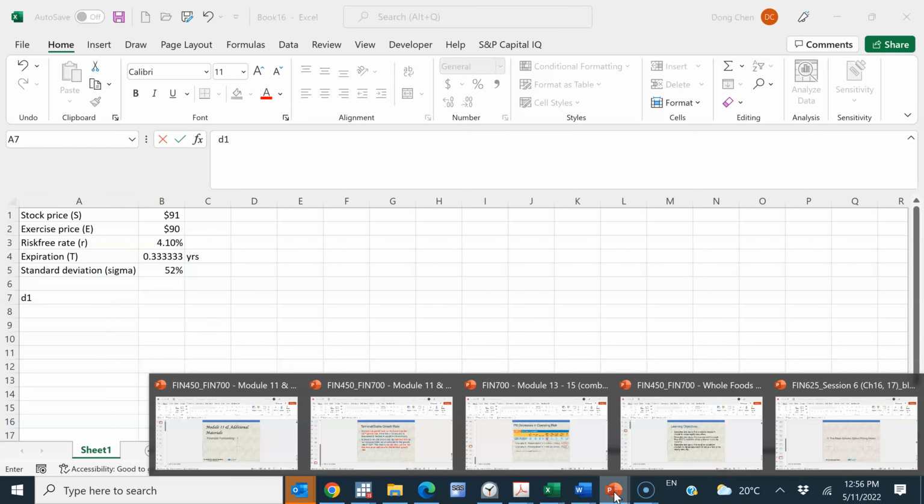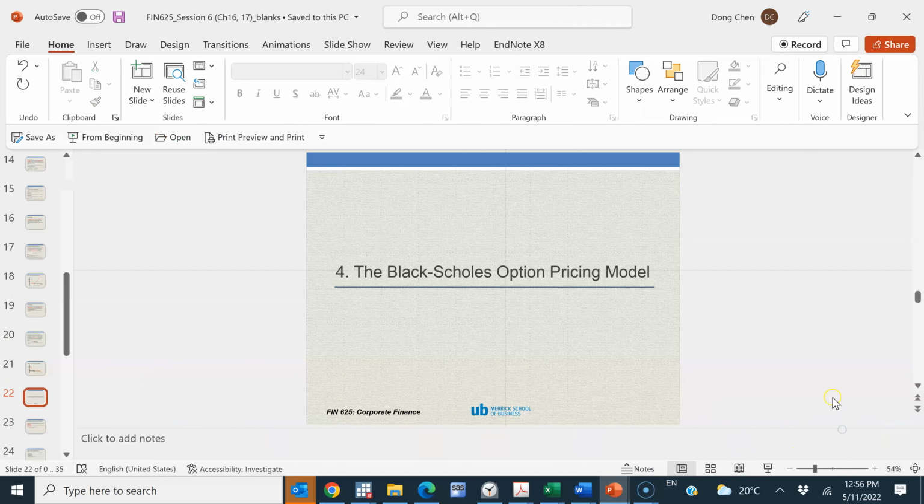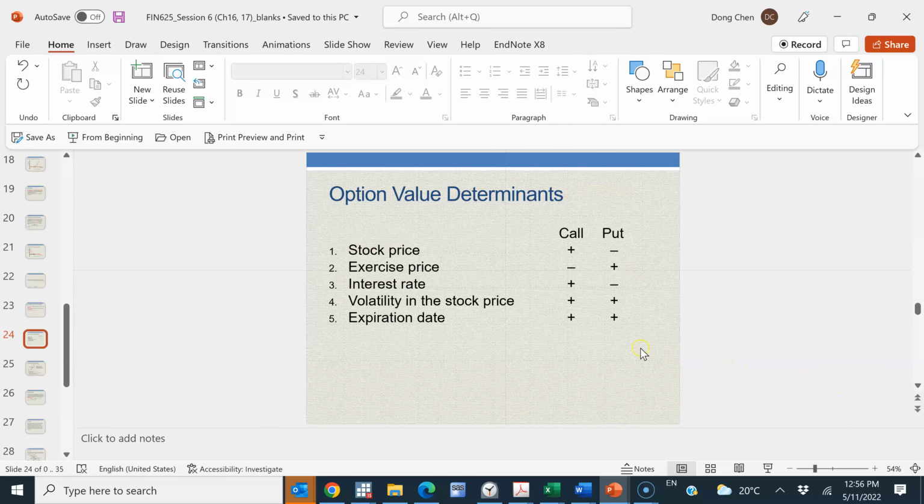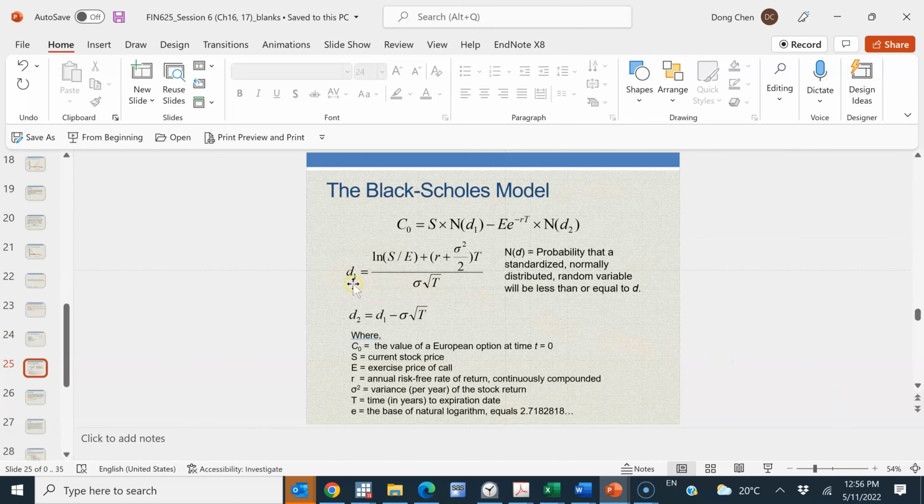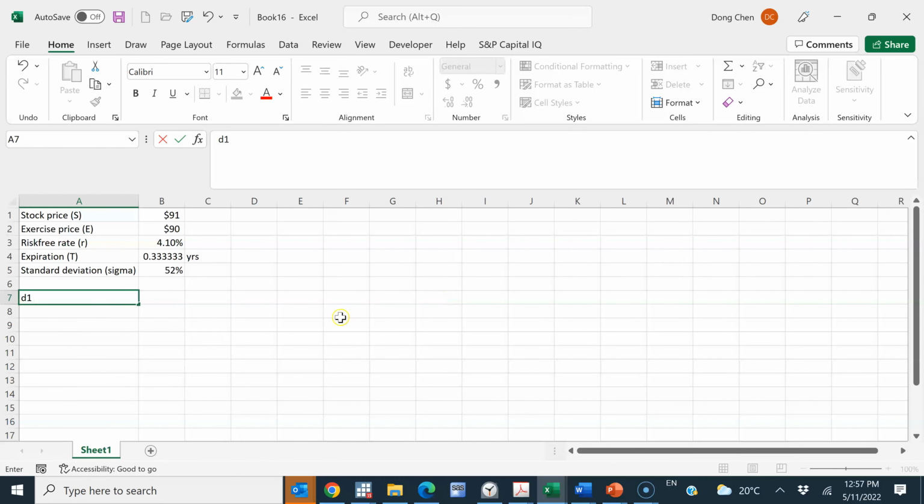We know that if you go back to the next slides, the Black-Scholes model, we need to get this D1 first. D1 is logarithm of S over E plus R plus sigma square divided by 2 and multiplied by capital T and divided by this sigma times square root of capital T. So we just need to get that number first.